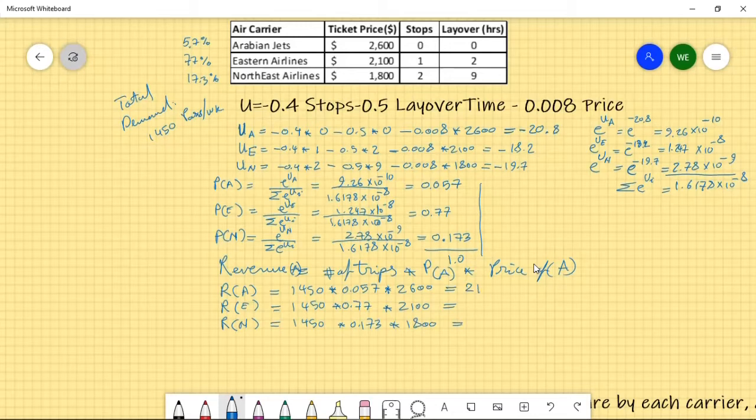The first one, yes, 214,890. So that's basically 214,000 US dollars and 890.